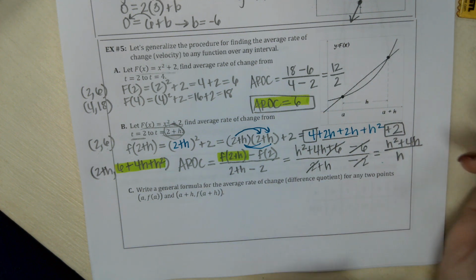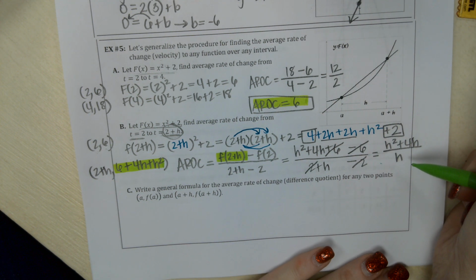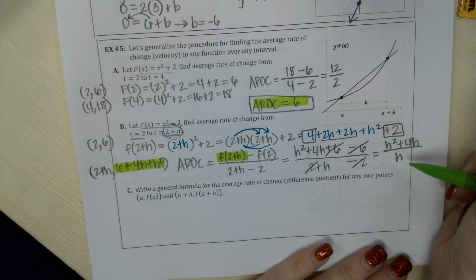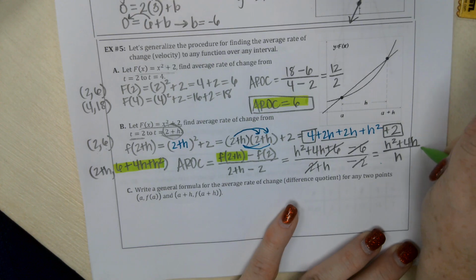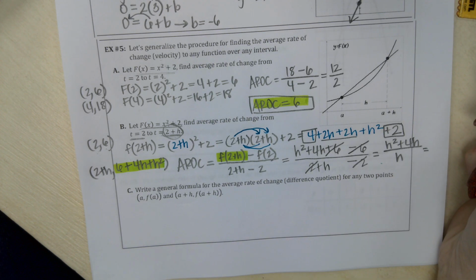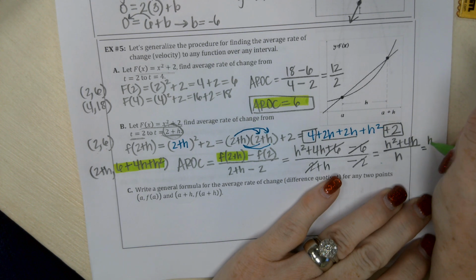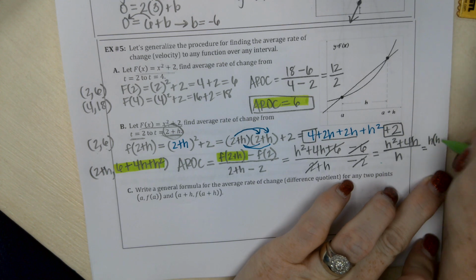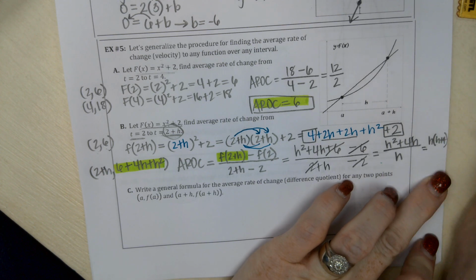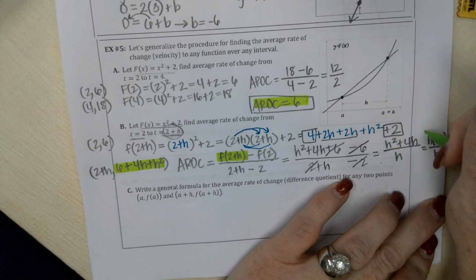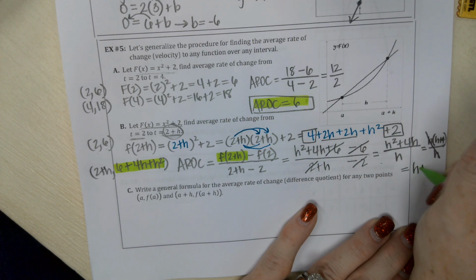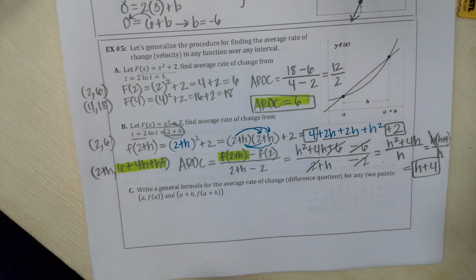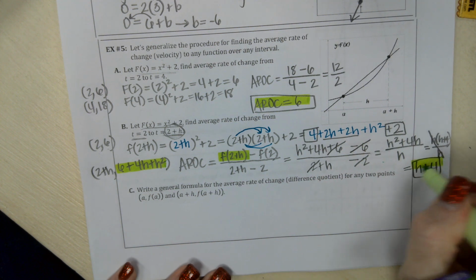So right here, if you left your answer in this format, yes, that is equivalent, but you would get maybe 8 out of 10 points for all this work right here. The reason is because you always must simplify your fractions. And there is a GCF that you can take out, an h, and the h's cancel. So this simplifies to h plus 4 as your final answer for your average rate of change.